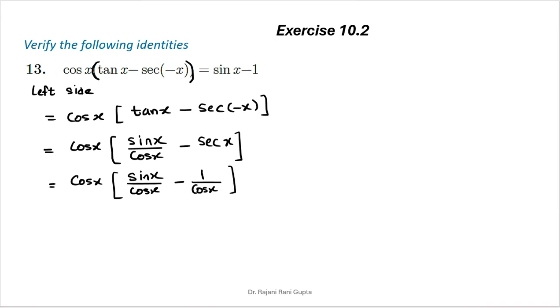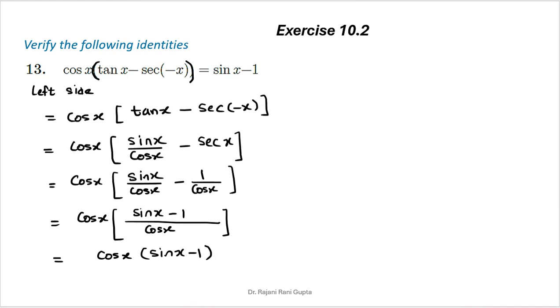Now it is a difference of two fractions with the same denominator, so you can write it as cos x times (sin x minus 1) over cos x. Since these two terms are in multiplication, you can cancel them. This gives you sin x minus 1, which is your right side.